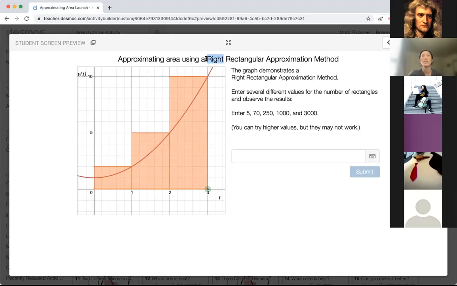Okay, given the 3 rectangles right here, can someone describe to me how we know the height of each rectangle? How do we know the height of each rectangle?